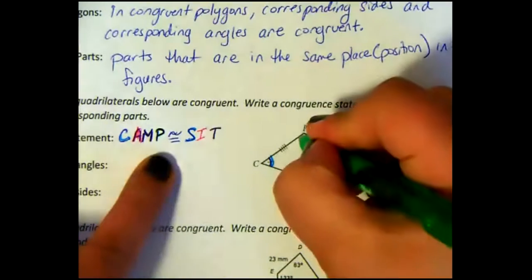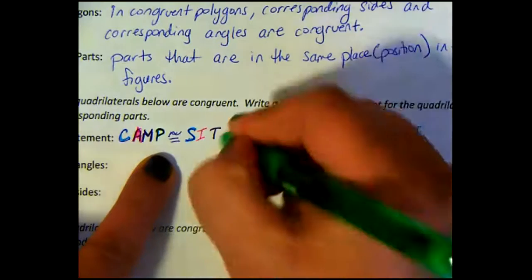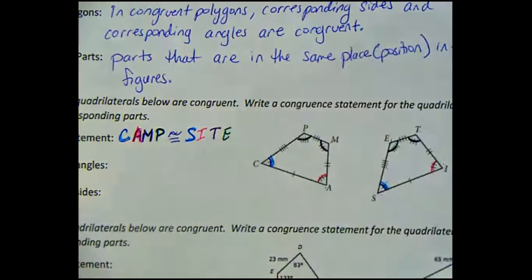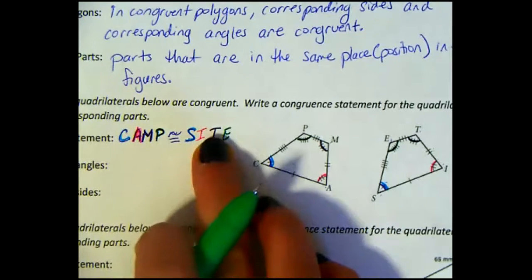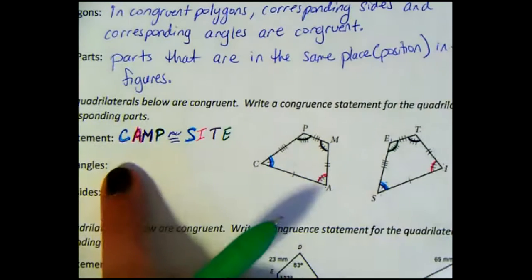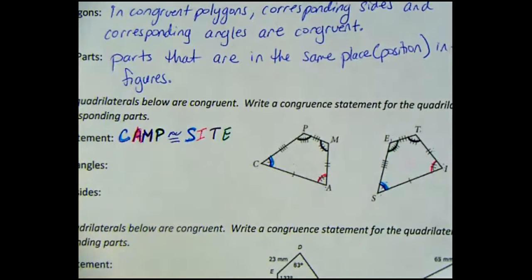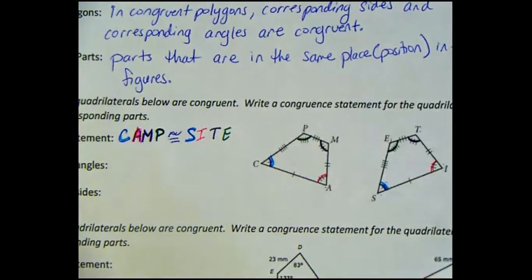And then the angle that is congruent and corresponding to P is E. So that will go there. When writing congruent statements, we want to match up the congruent corresponding angles. And for that, writing a congruent statement, that is the correct way to do it.